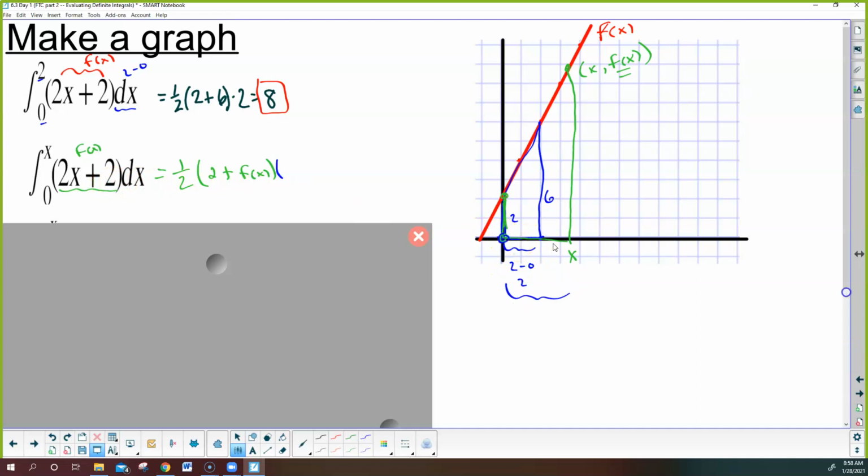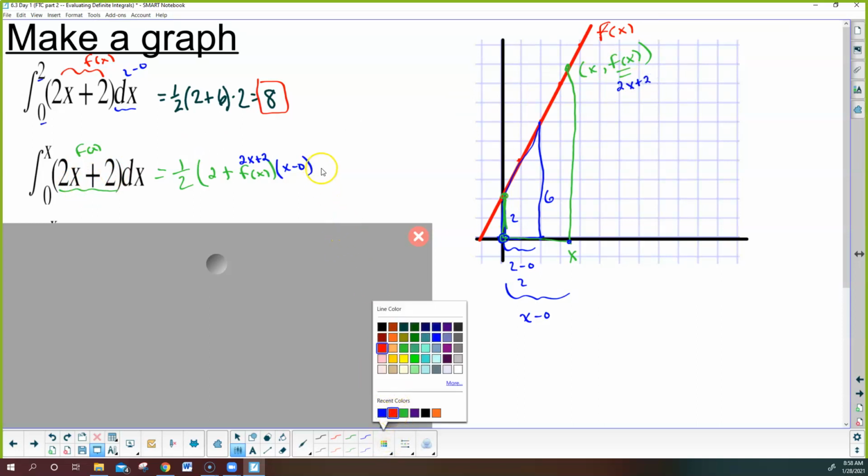So what is the change in the x's? All that is the upper bound minus the lower bound. So I'm going to put x minus 0. Okay. And instead of putting f of x, I'm going to put what f of x is equal to. Right? So f of x is the function 2x plus 2.